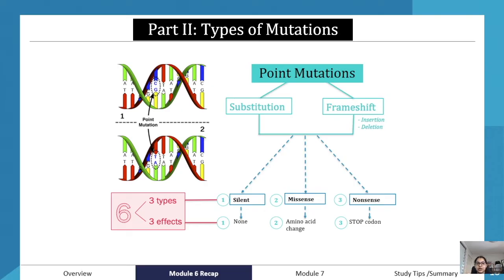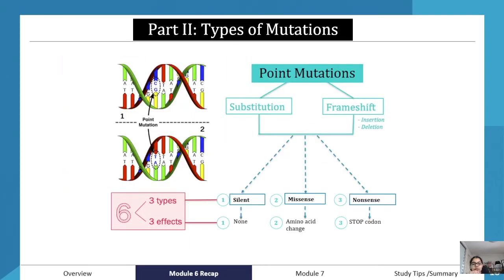There has been a change in the codons. Finally, we've got a nonsense mutation, which means that a stop codon has been prematurely introduced, which is going to prematurely stop the process. Sorry, that is going to affect the proteins and the peptide synthesis that's happening.